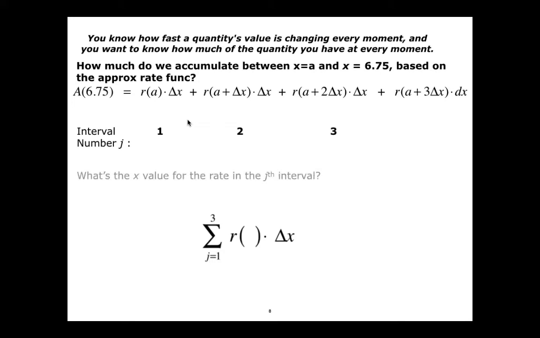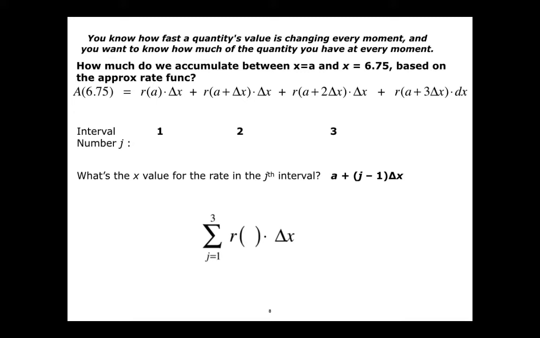So it's a little bit messy, but if I'm in the jth interval, first interval, second interval, third interval, I've got a plus a certain number of delta x's, but how many delta x's I have added on is 1 less than the interval number, 1 lower than that. So the expression that I actually need in my summation is r of that mess.